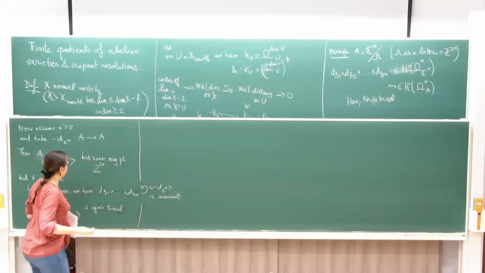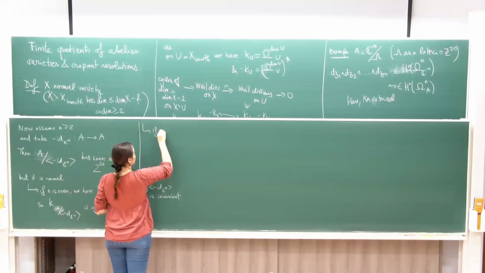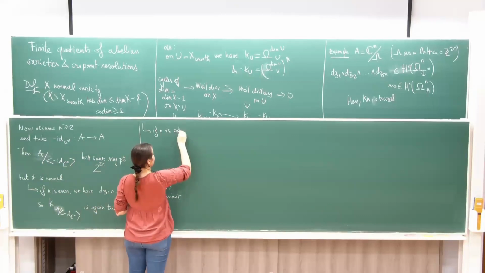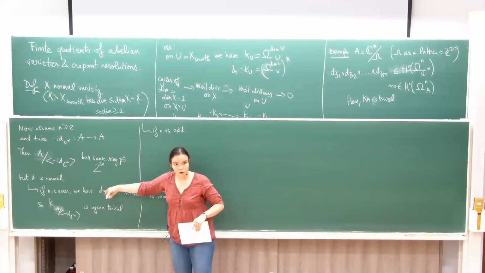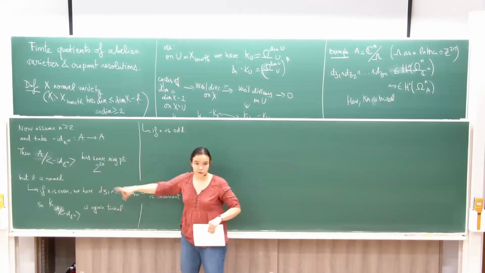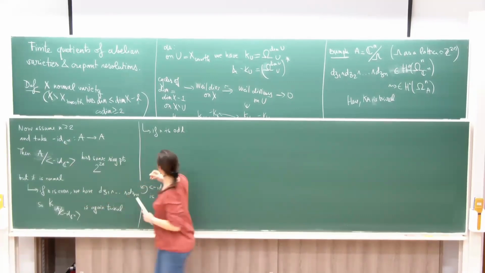And now what happens is if n is odd, we're out of luck, because every time we act, we multiply this by -1. And so this form is not invariant, so K of the quotient is not trivial.